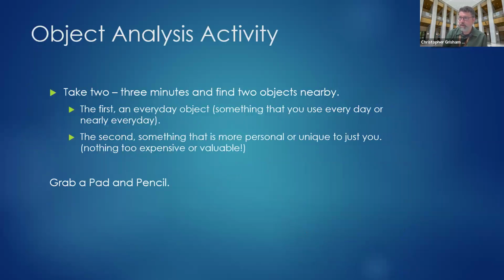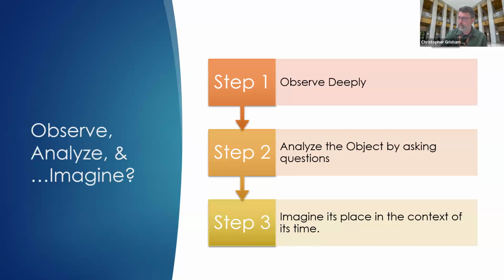Other than that, we're not going to do the activity since we are virtual, but once you've decided you want to incorporate 3D objects and artifacts, there's really just a couple of steps that you have to go through with your students. One is just to deeply observe.